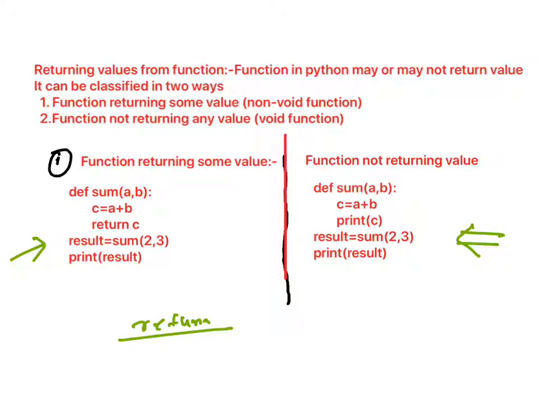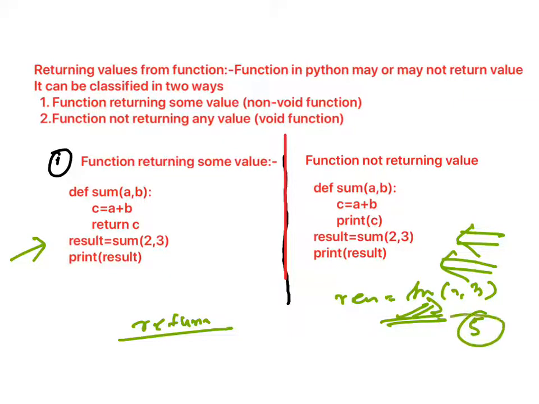So when you are not using the return statement, what will be the answer of this first result equal to sum 2 comma 3? This sum will be called and executed and the value of C will be printed, so 3 plus 2 equal to 5. And the second statement, very important, print result will give you None.